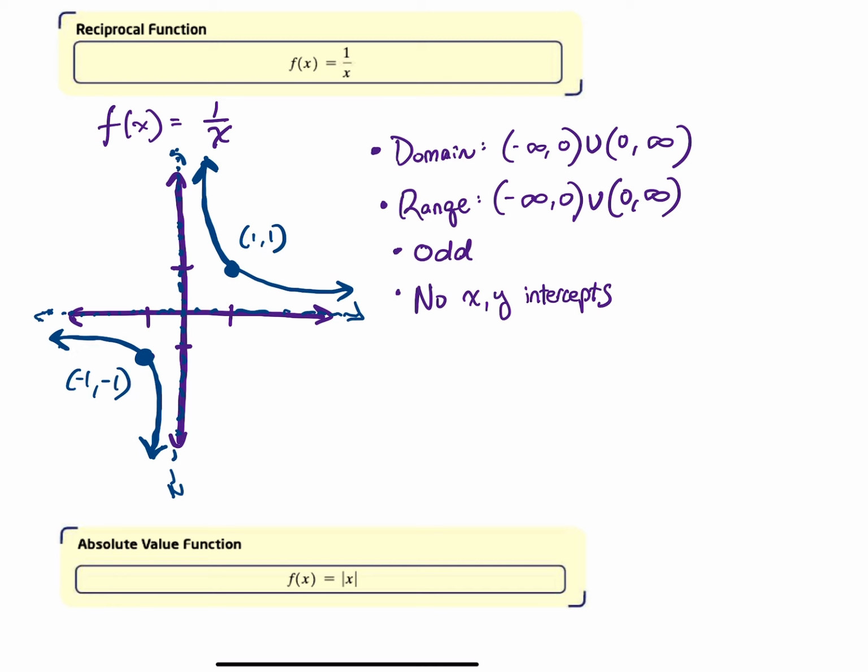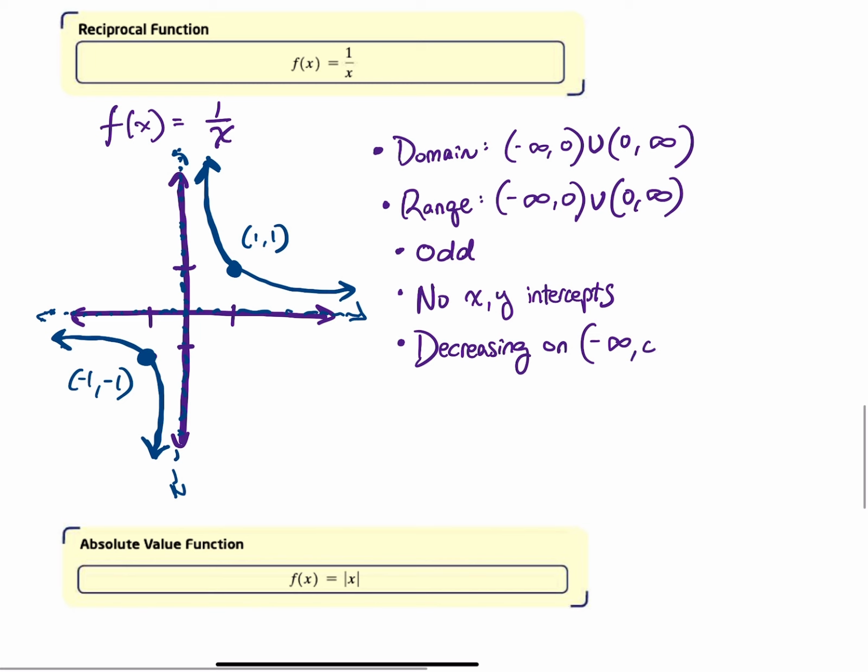And then it's undefined at 0. So it's always decreasing. So decreasing on its domain. So from negative infinity to 0, and from 0 to positive infinity.